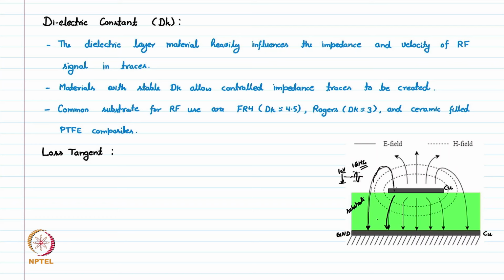So, because of that voltage, these field lines have a certain strength. These fields can produce some extra charge in the substrate, and because this is induced charge, it also appears and disappears based on the signal applied.